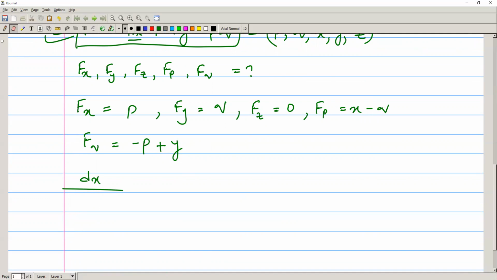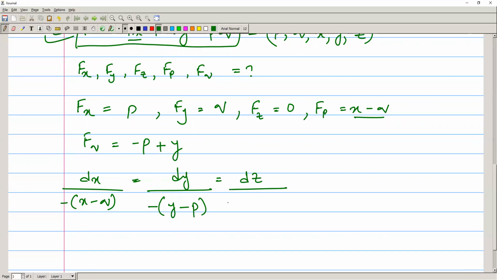So what's our fp? Fp is just x minus q. So negative (x minus q) is equal to dy over fq, so negative (y minus p), is equal to dz over p times fp plus q times fq. So p times fp is x minus q, the negative sign will also be there, and q times fq, that is y minus p.